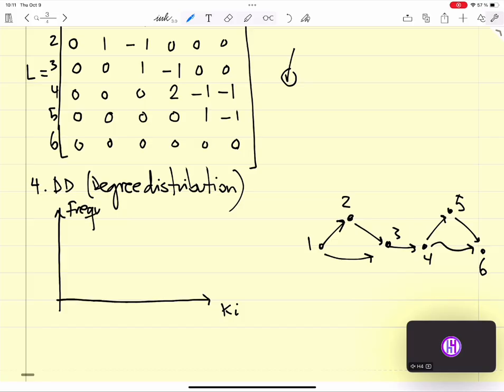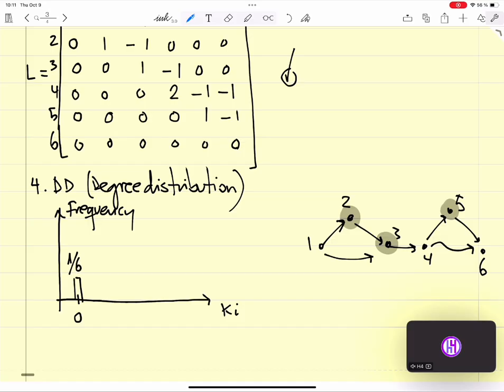So this is just a frequency, and like in any distribution, the sum of the frequencies is 1. How many nodes have one neighbor? Number 2, number 3, number 5, number 6, right? No, number 6 has 0 neighbors. 0 neighbors is number 6.